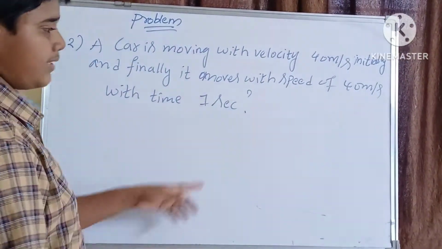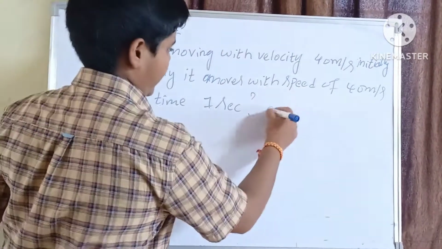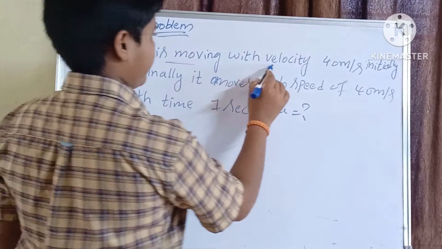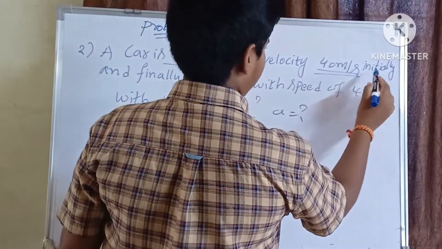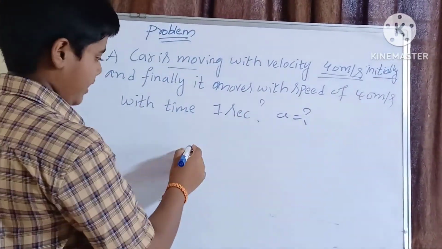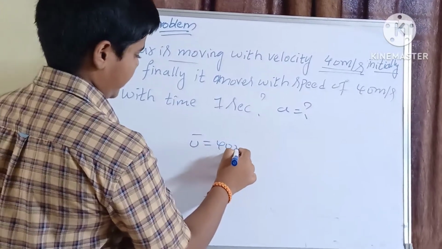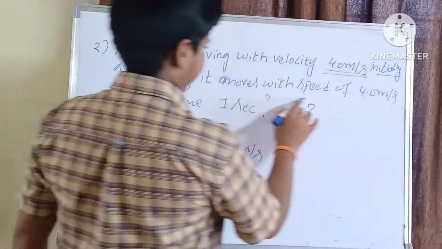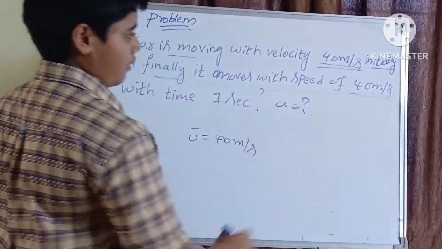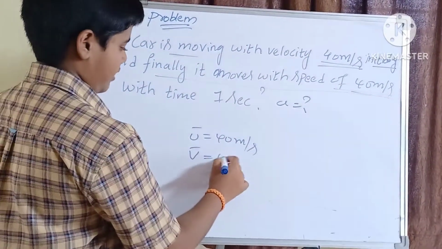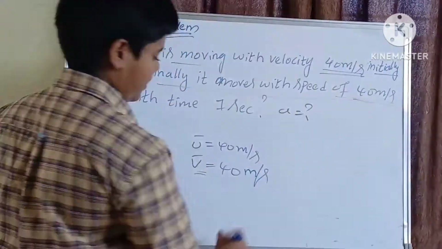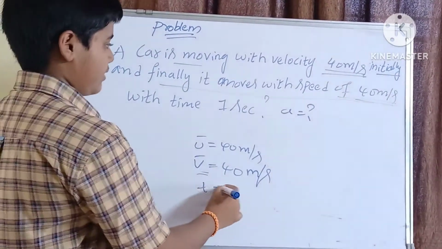So here they are asking acceleration. What is acceleration? Here initial velocity is equal to 40 meter per second and finally it moves with a speed of 40 meter per second. Here final velocity is also 40 meter per second. Here time is 1 second.